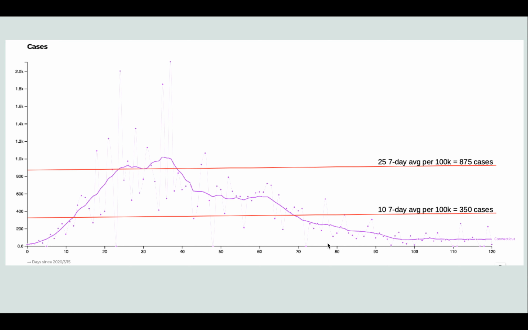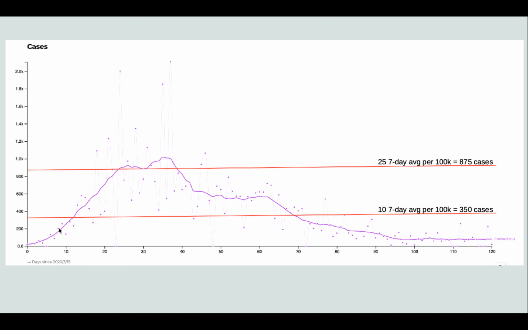Here we have a graph. The purple curve is the history of the epidemic in Connecticut. If you look, the purple curve is smooth. It's actually a 7-day average curve. And these crazy jumping points here are that day-to-day data variability that I was talking about.